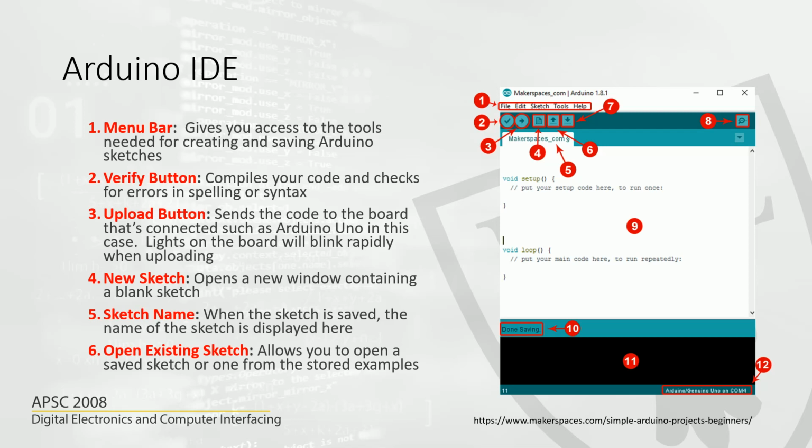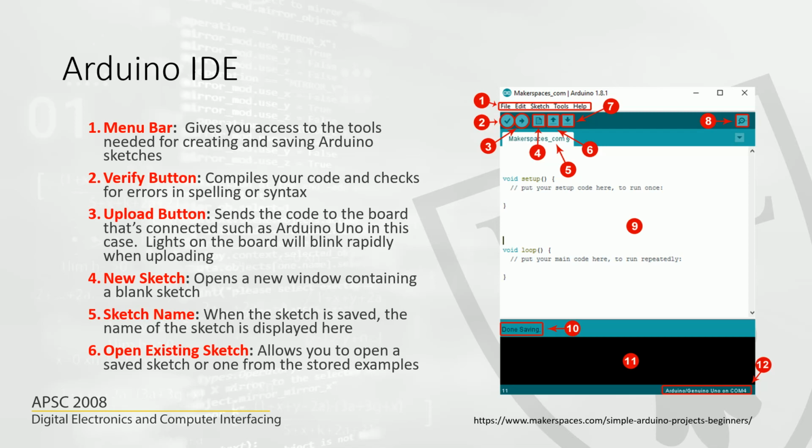And next, let's start with the verify button. The verify button is the button that is used to compile our code. During the compilation process, if there is any syntax error, we know we have to write a program, and the program has to be written according to a syntax.